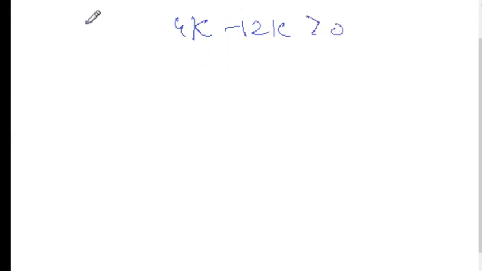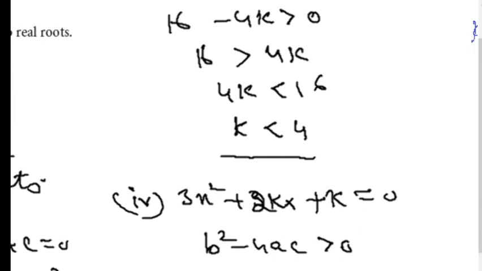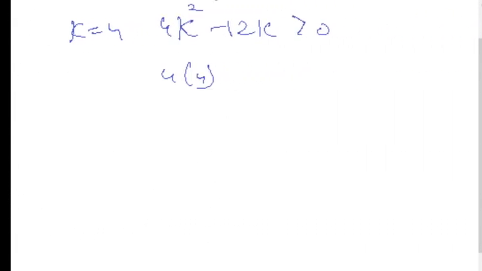So putting k is equal to 4, 4 into 4 square, which is 64, minus 12 into 4, which is 48. The result is greater than 0. See, the result is true.